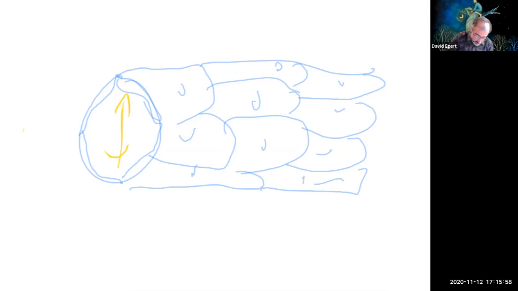That's about 10 microns across, with red blood cells moving through, one at a time.